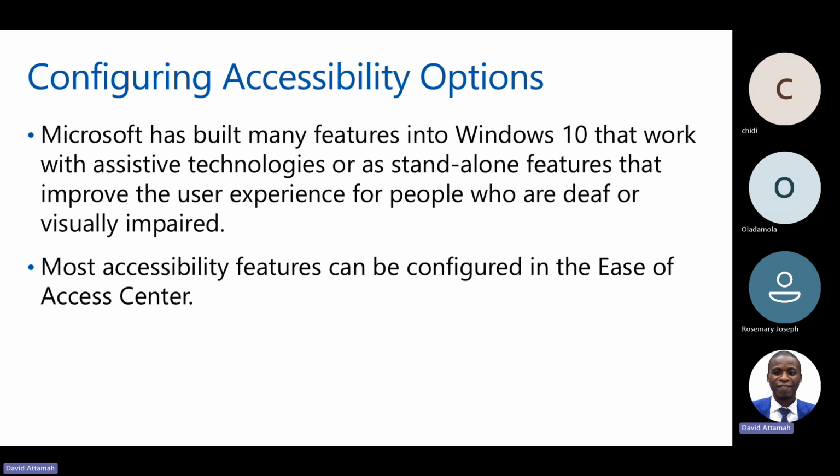The narrator means that anything you press on your computer, the narrator will spell it out for you to say what you actually did. Maybe you pressed a letter key on your keyboard. The narrator will say that you pressed that letter key. So these features usually help people who are visually impaired.